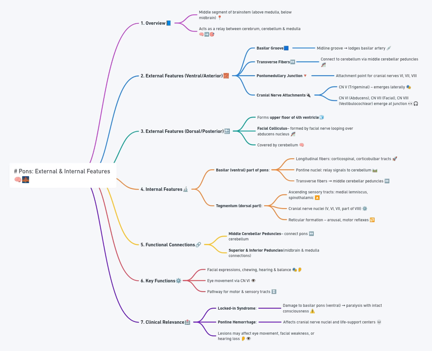The dorsal part, or pontine tegmentum, contains ascending sensory pathways such as the medial lemniscus and the spinothalamic tracts. The medial lemniscus carries information related to fine touch, vibration, and proprioception, while the spinothalamic tract carries pain and temperature sensations. Embedded within the tegmentum are numerous cranial nerve nuclei. The motor nucleus of the trigeminal nerve, V, for mastication.